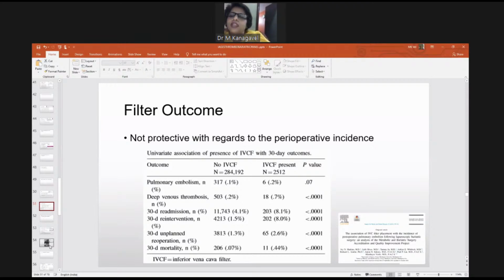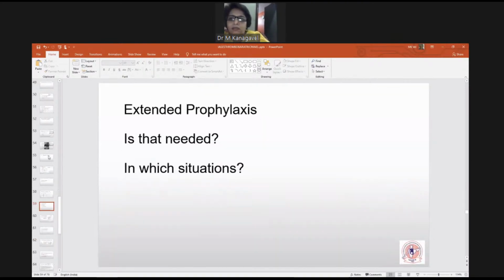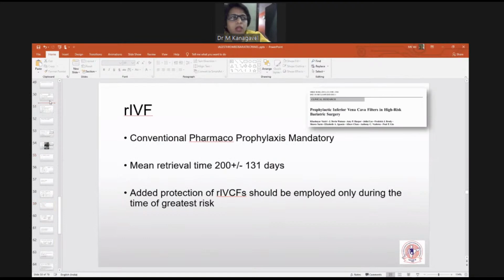So these become the tremendously high risk category patients with the score which is more than 1. So in these patients, IVC filters can be given good thought about application.